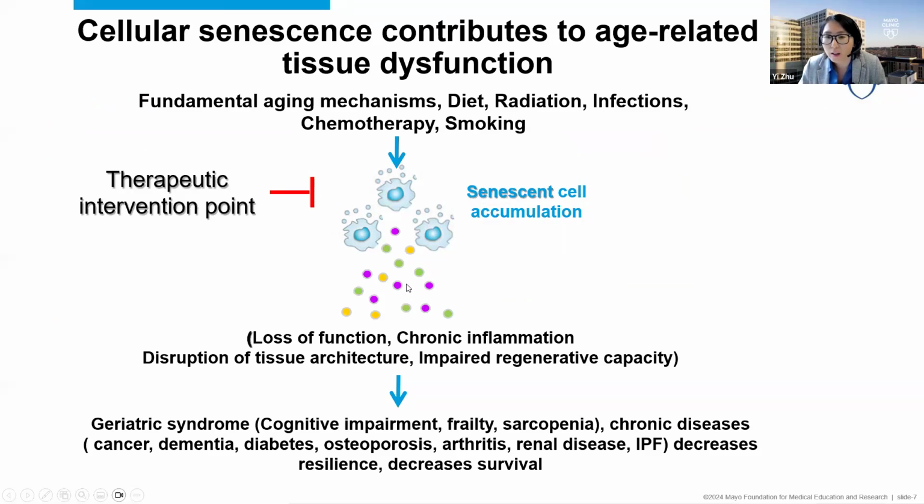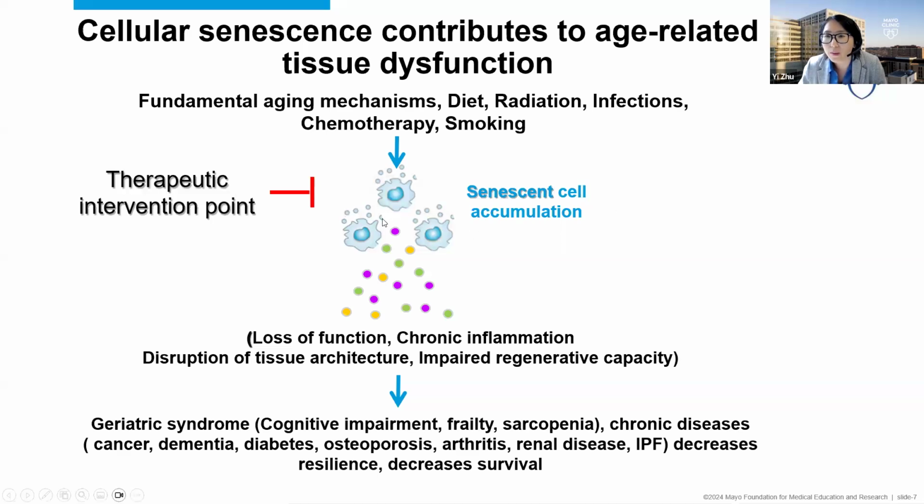They can induce local inflammation, and by secreting those enzymes or tissue-destructing factors, they disrupt tissue architecture and impair regenerative capacity. Overall, they eventually lead to geriatric syndromes such as cognitive impairment, frailty, and also all kinds of chronic diseases. Overall, accumulation of senescent cells decreases resilience and decreases survival.